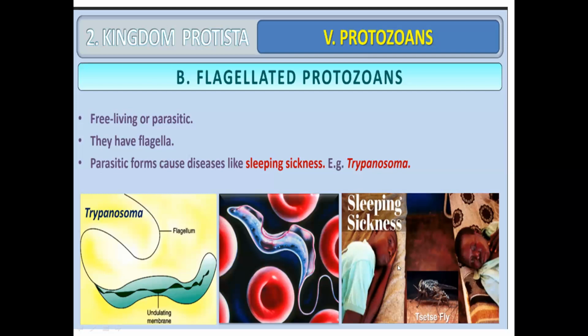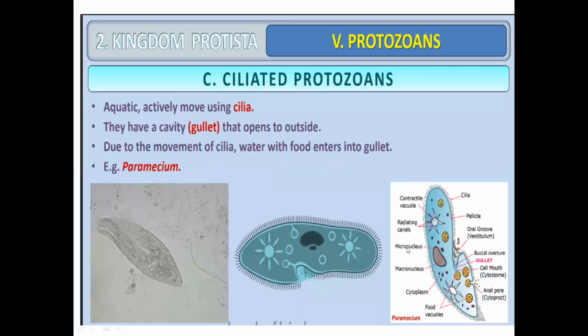When this fly comes in contact with this person and sits on them, there are chances of transferring the disease. So this person might also get sleeping sickness. Got it?